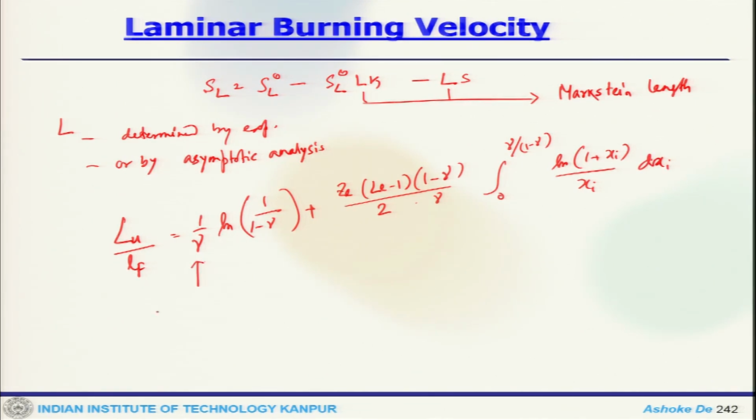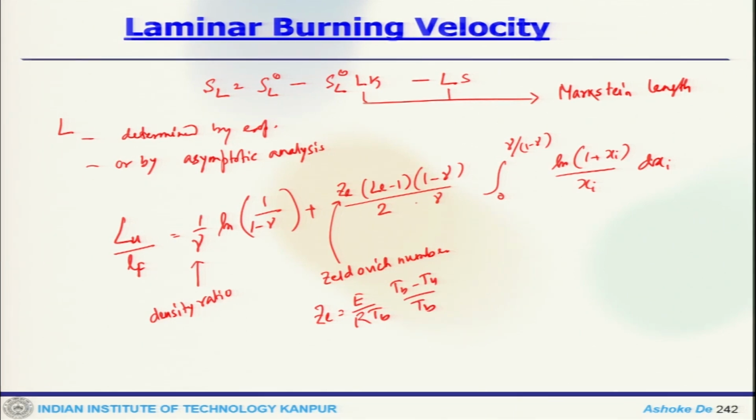So this gamma is nothing but the density ratio, and this is Zeldovich number, which is JD equals E by R TB and TB minus TU by TB. LE is the Lewis number, which is lambda by rho Cp d. It's a ratio of Schmidt number by Prandtl number.